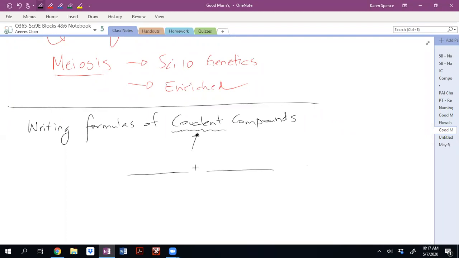Yeah, absolutely. They are made of nonmetals. So you're going to have a nonmetal, and you're going to have another nonmetal. So you're going to look for two things that are on the right-hand side of the periodic table.